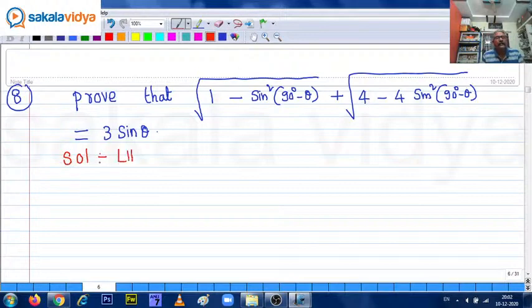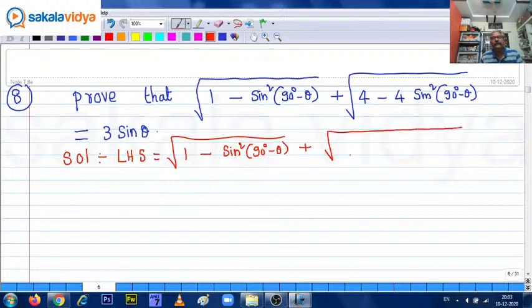Take the left-hand side: root over 1 minus sine square of 90 degrees minus theta, plus root of 4 minus 4 sine square of 90 degrees minus theta.